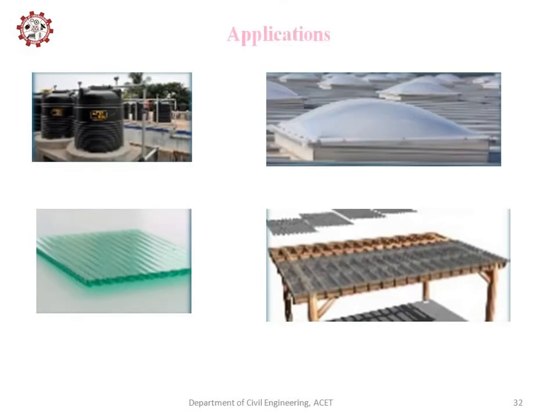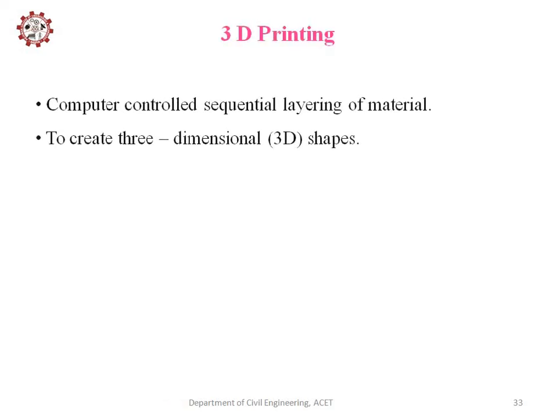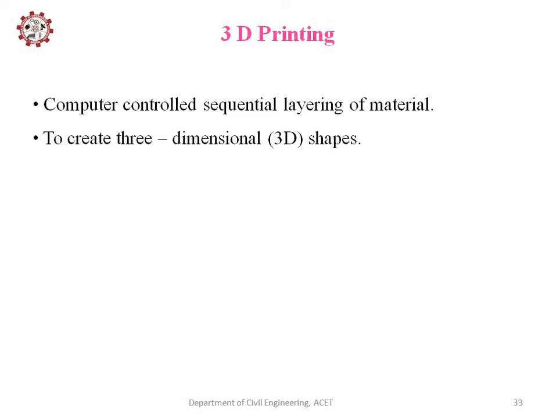So again, applications are water tanks, roof lights, safety glass, and corrugated sheets and roof panels. Next is your 3D printing, computer controlled sequential layering of material to create three-dimensional 3D shapes.